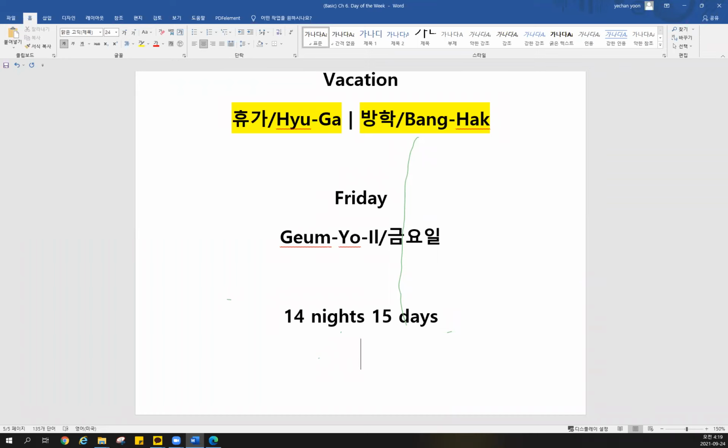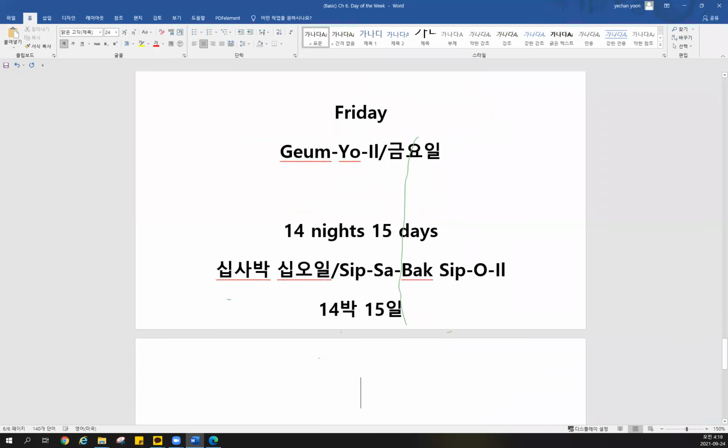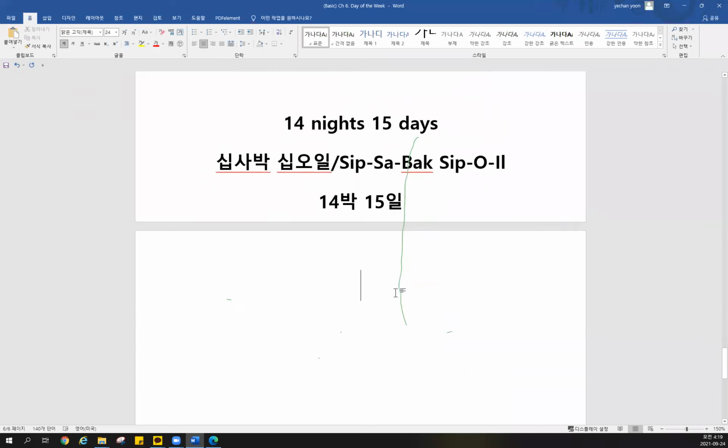There we go. Jessica, there we go. 14박 15일. All right, this is how you read it, and for writing, super simple, easy. It's just using numbers like this. Okay. All right. Then let's go to the next one.